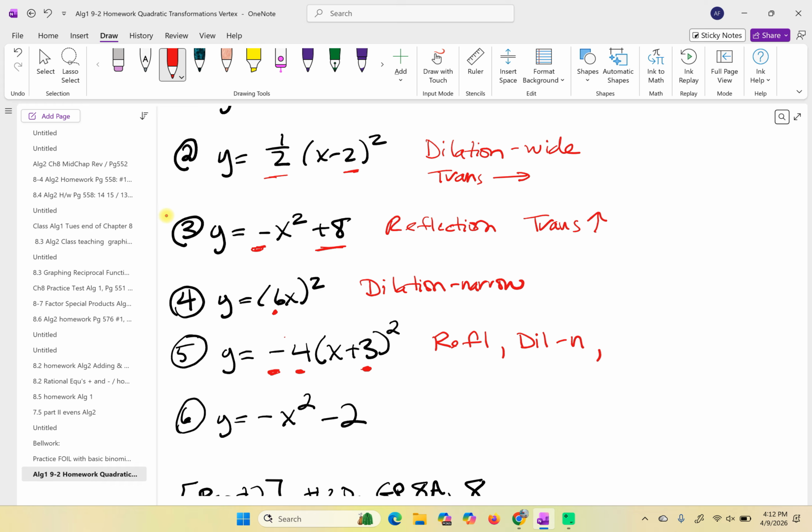And lastly, this base equation is x minus h, so that means this is a translation left 3. And then number 6 has 2. There's a reflection because a is negative, and then there is a translation that's right 2.